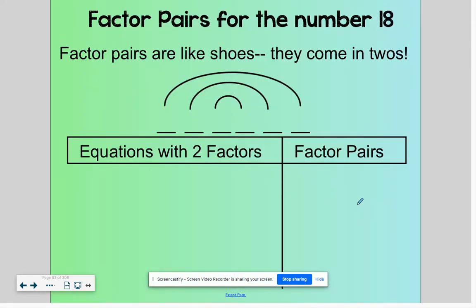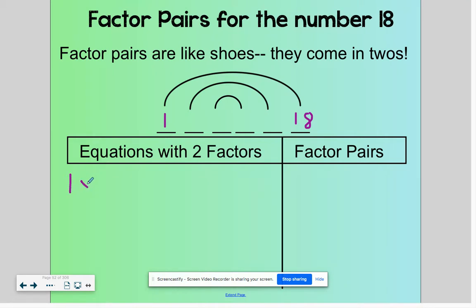So let's try it for the number 18. We're going to think about all of the factors, factor pairs, and equations that would give us 18. Notice I have a factor rainbow here. We're going to use this to help us come up with all the possible factors and factor combinations for 18. So I'm going to start with 1 and 18. I always like to start with 1 and the number so I can work my way inside.